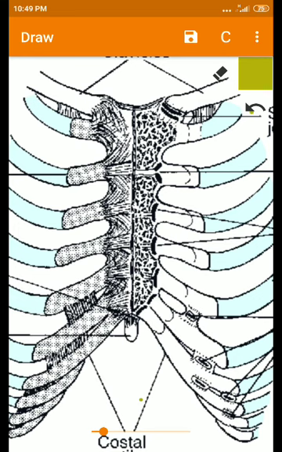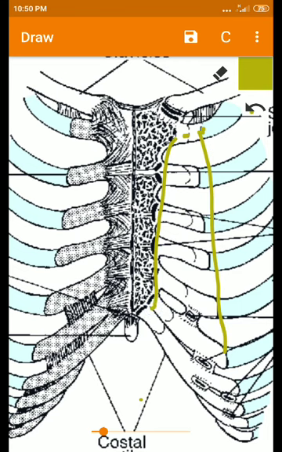So this is about the chondrosternal joints. Now, how many joints have we seen? Manubriosternal joint, xiphisternal joint, first costochondral joint, and also the remaining costochondral joints from first to seventh, and next one is the chondrosternal joints.